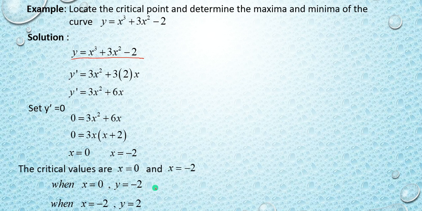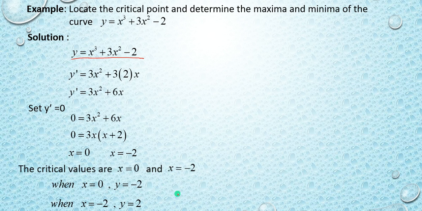And also, when x equals negative 2, same process, we get the value of y equals 2. So we have two sets of values: x equals 0 and y equals negative 2. Also, x equals negative 2 and y equals 2. So now that is the critical point.